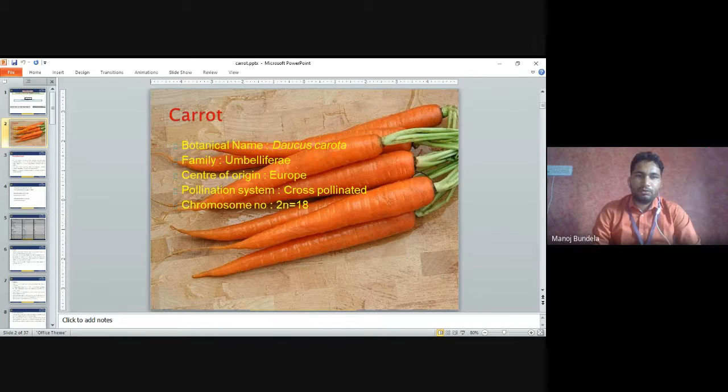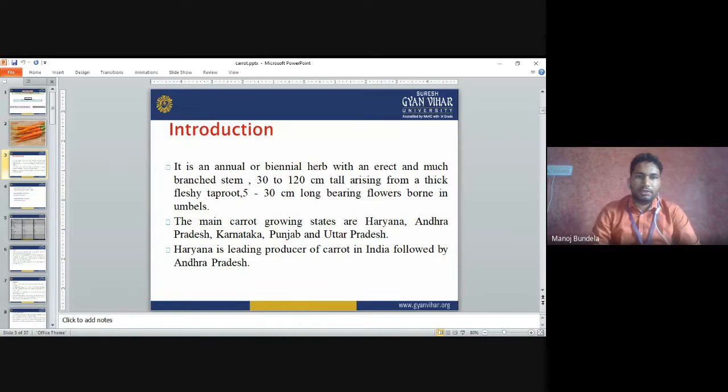The botanical name of carrot is Daucus carota, family Umbelliferae. The center of origin is Europe, though normally it is said to have originated from Afghanistan. It is a cross-pollinated crop and the chromosome number is 2n = 18.